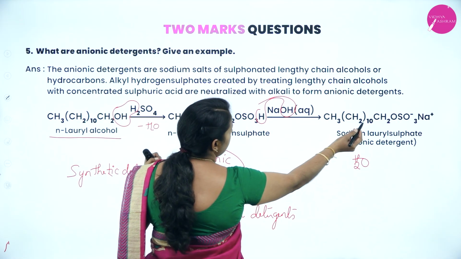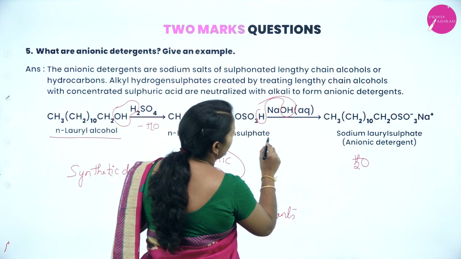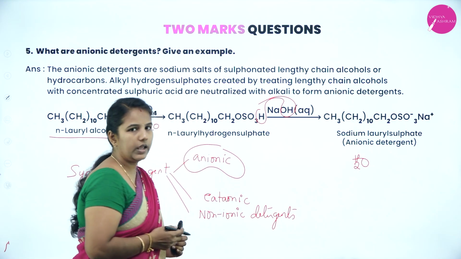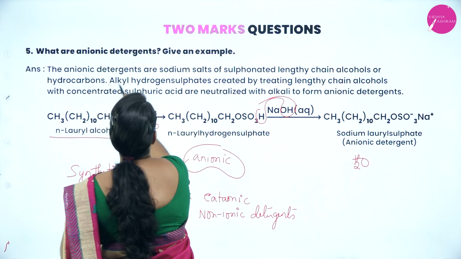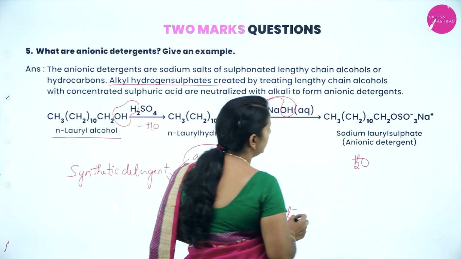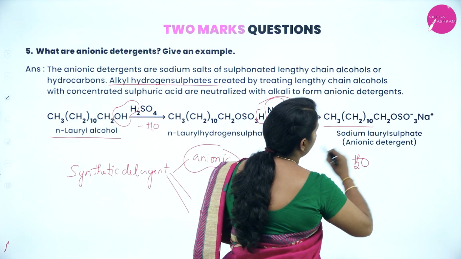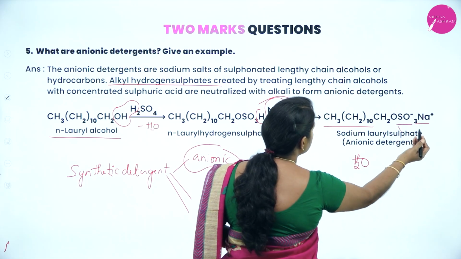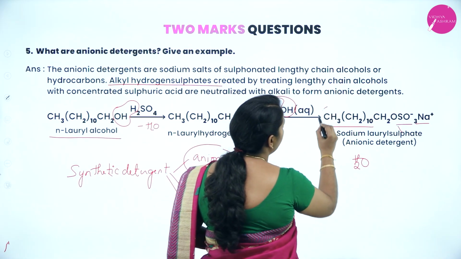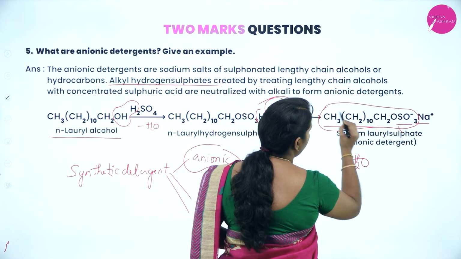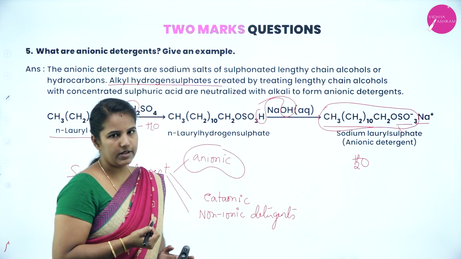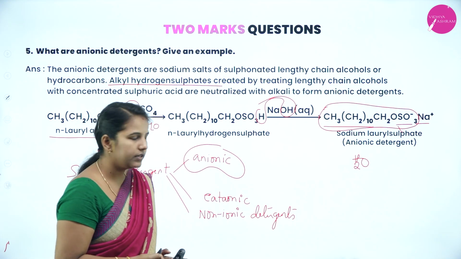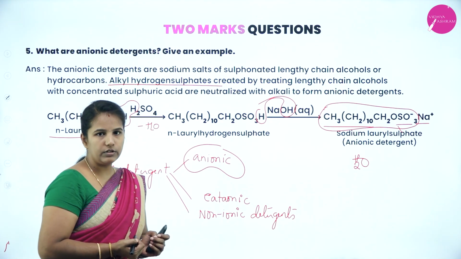CH3, CH2 10 times, CH2OSO3Na. This is sodium alkyl hydrogen sulfate. You can see that the alkyl group is there, we have sodium, and the sulfate group is there. Only this anionic part is involved in the cleansing action, hence it is named anionic detergent. Okay, next we have cationic detergents.